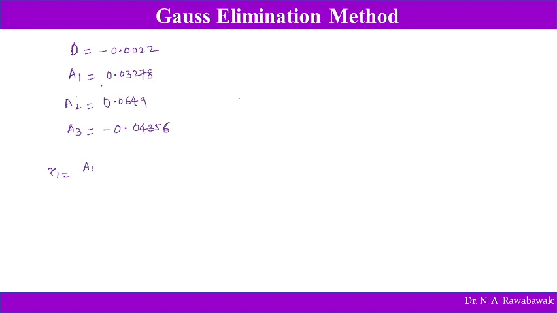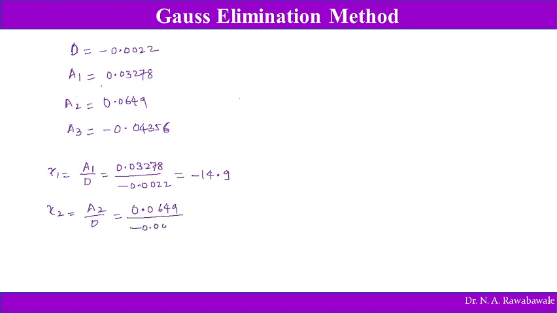Now we can find x1. X1 is equal to A1 divided by D. A1 is 0.03278 divided by D, which is minus 0.0022. So this gives us minus 13.9. Then variable x2 is equal to A2 divided by D. A2 is 0.0649 divided by minus 0.0022.